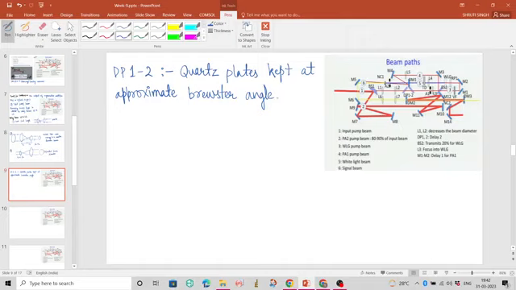And after this we have this A1. A1 is the aperture. Here this is the delay too.